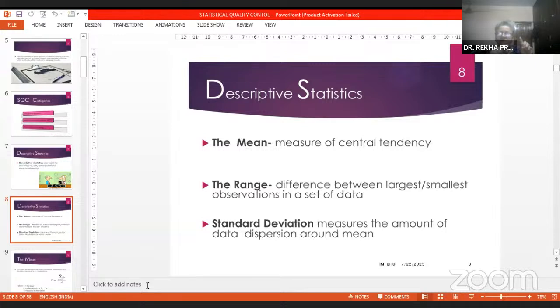Standard deviation is when you measure the deviation from the mean. Suppose there are four numbers, or maybe let's take two numbers only, 3 and 4. So the mean will be 3.5, isn't it?